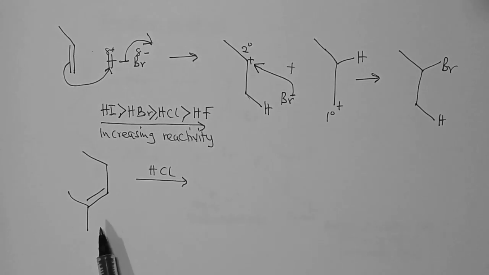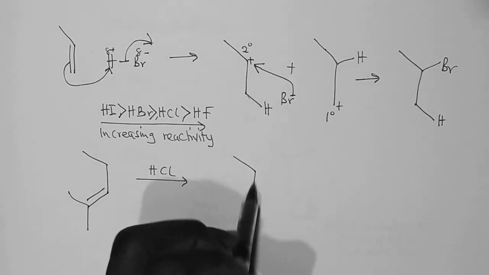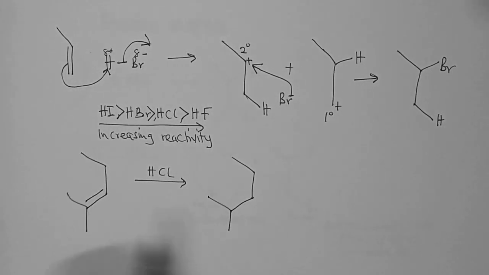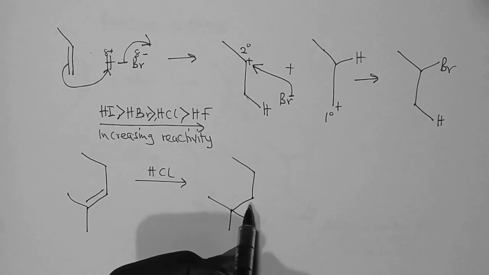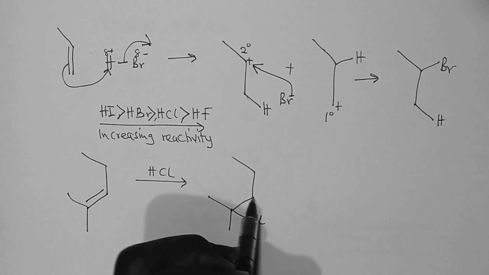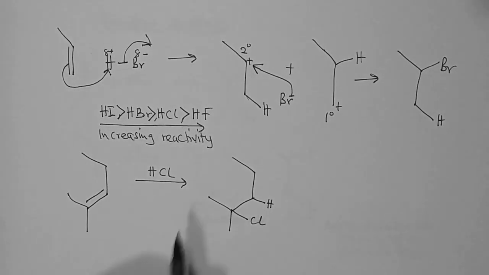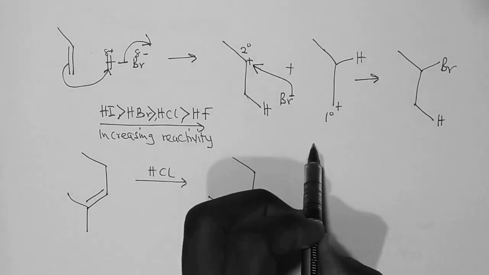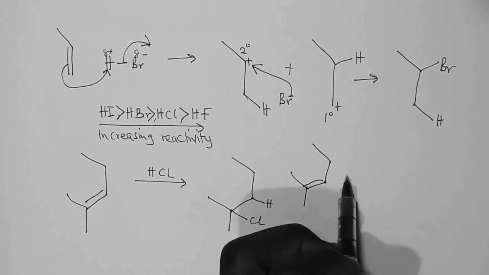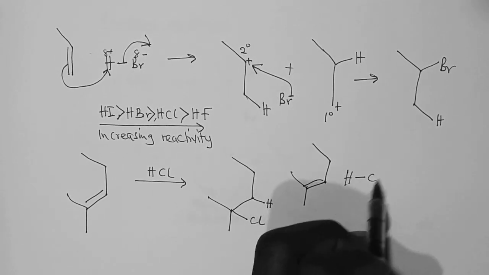So consider this reaction. What will be the final product? You see that the final product will be the Markovnikov's product, and that will be this product. The Cl will be substituted here, and then the proton goes to this one. So let's show it by mechanism. In terms of mechanism, this is our starting material, and then we have the HCl here.